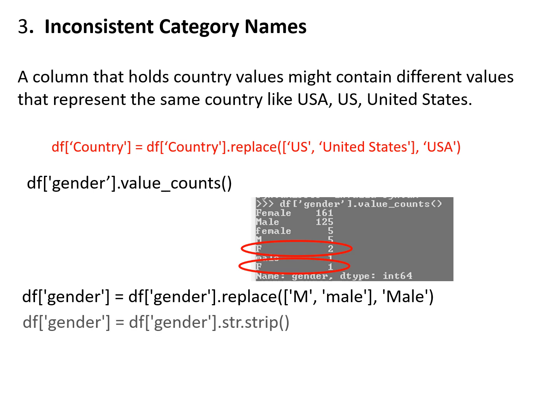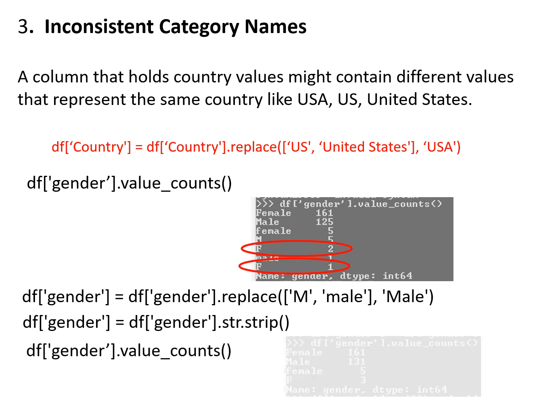So we need to change that. So if we strip everything in the gender column by using .str.strip, then we'll find that if we do this gender value counts again, no longer do we have those two capital F's. It's put them both together. So now that capital F space has turned into just a plain capital F because of that strip command.